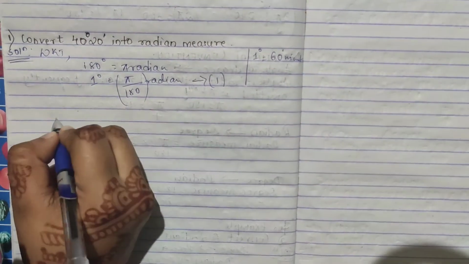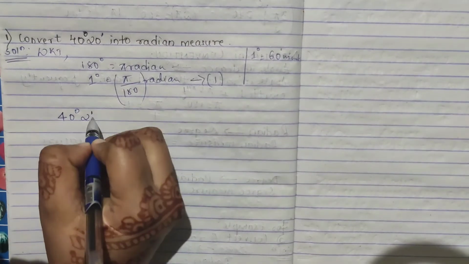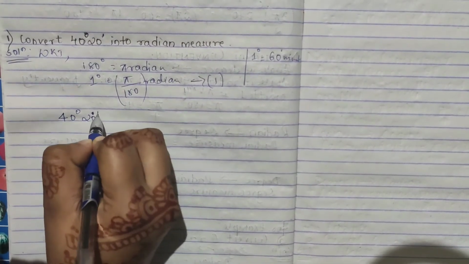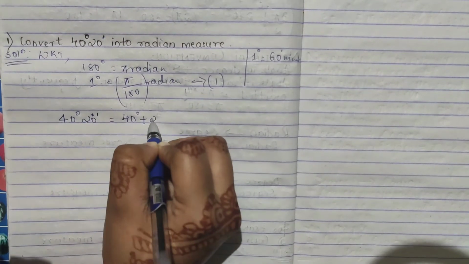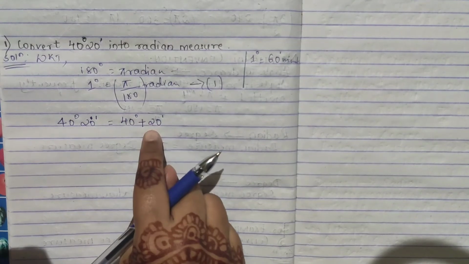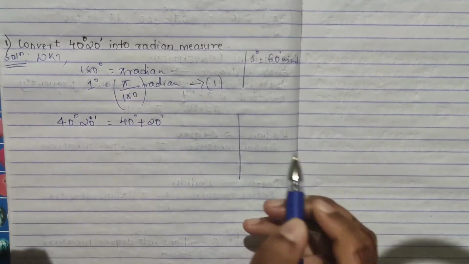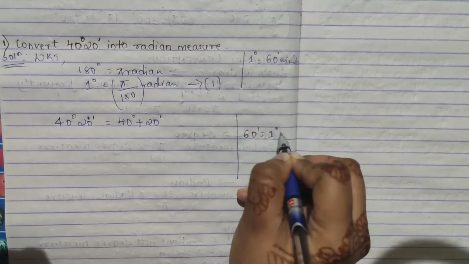So now the next thing: here, 40 degree 20 minutes. How will we write this? We should write 40 degree plus 20 minutes, because this minute also we have to convert into degree. So here we know that 60 minutes is equal to how much? 1 degree.